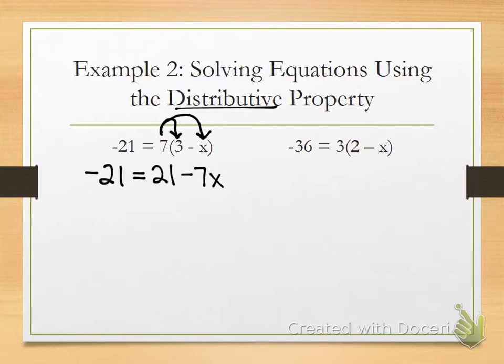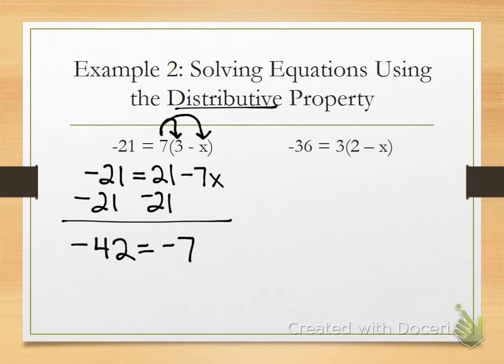Remember, there's that understood 1 in front of the x. Now that I've gotten rid of my parentheses, I can solve it like a regular two-step equation. I want to give you a minute just to go ahead and finish solving. Now, subtract 21 from both sides. Negative 42 equals negative 7x. Divide both sides by negative 7, and x equals what?